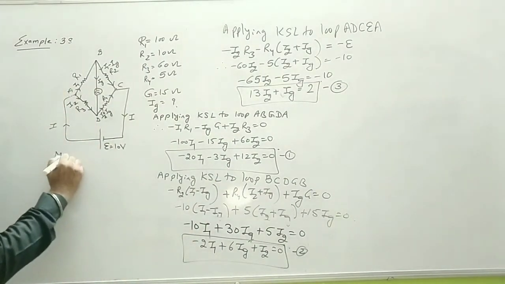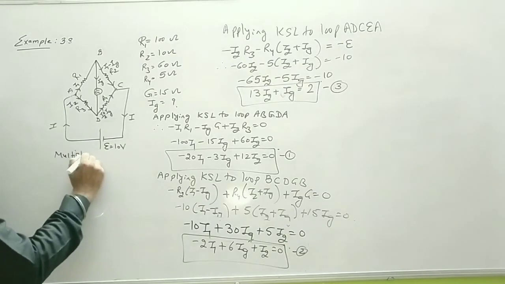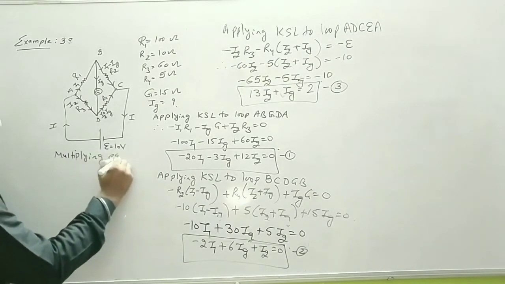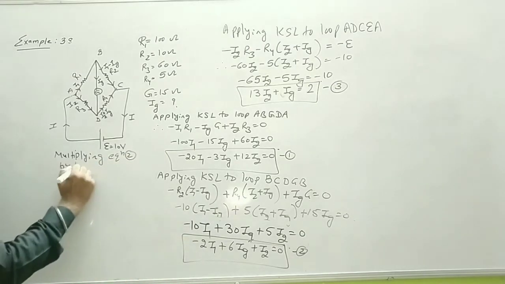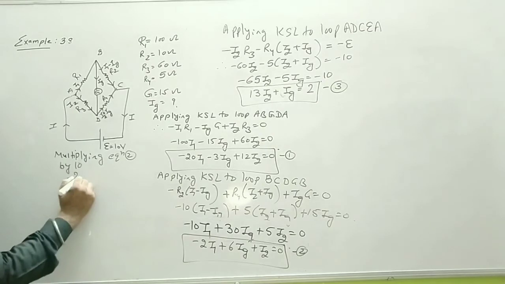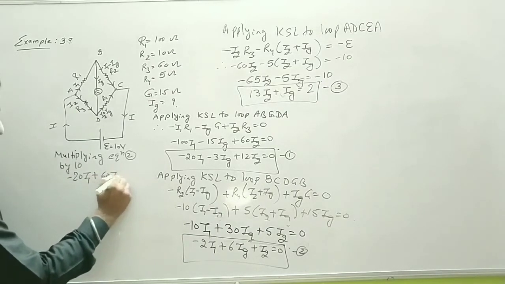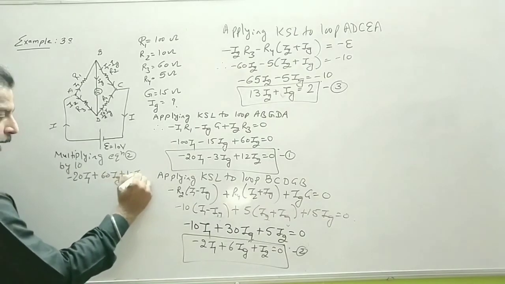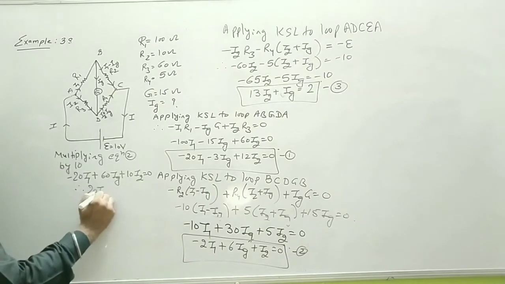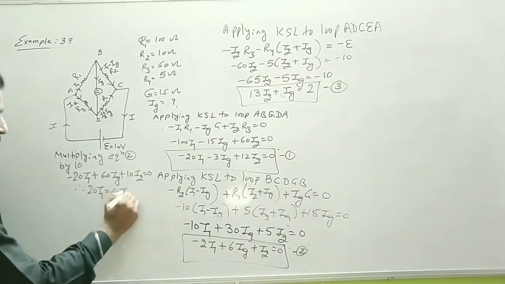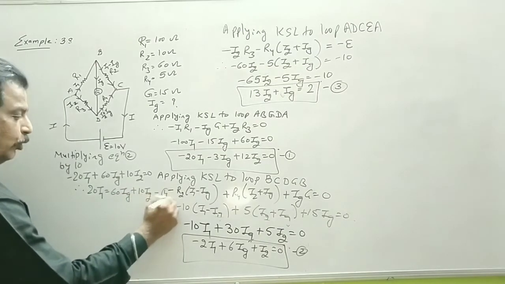So multiplying equation 2 by 10, it becomes minus 20 I1 plus 60 IG plus 10 I2 equal to 0. Therefore, 20 I1 is equal to 60 IG plus 10 I2. That is equation number 4.